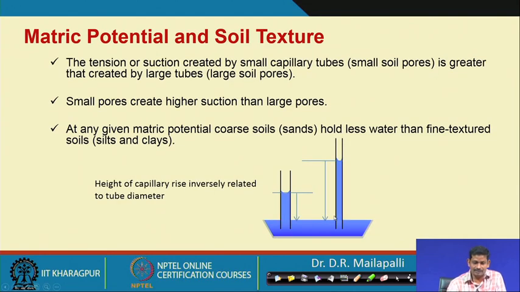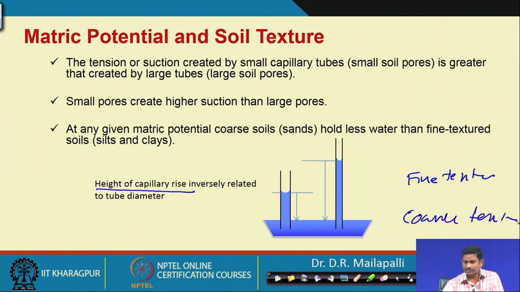This shows how the soil texture is going to influence the height of capillary rise. You have fine textured soils versus coarse textured soils. This is an example of coarse texture and this is an example of fine textured soils.